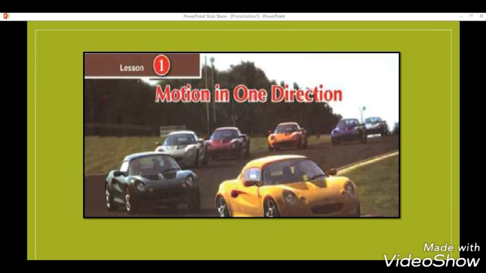When the object's position or location changes as time passes, according to the position of another object, we can say that the object is in a state of motion. The obvious question is: what is meant by motion?